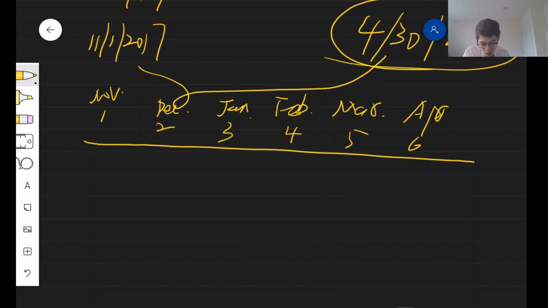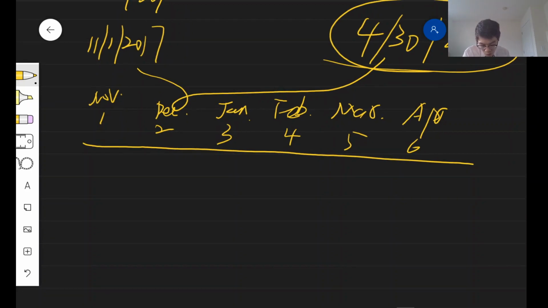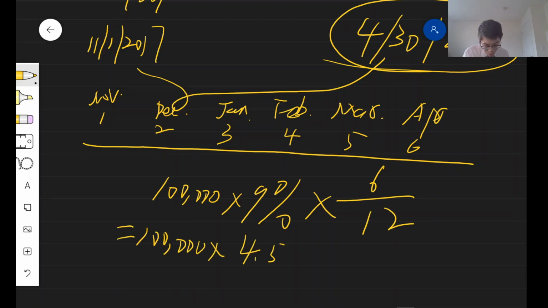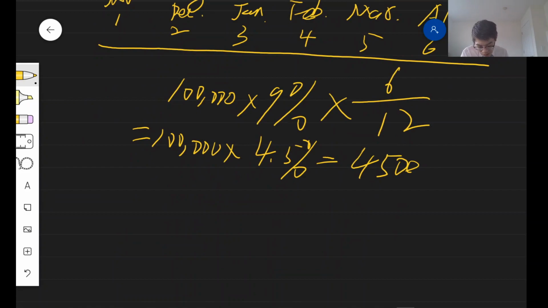So the interest calculation here will be $100,000 times 9% times 6 months over 12, which is 100,000 times 4.5%, and that gave us $4,500.